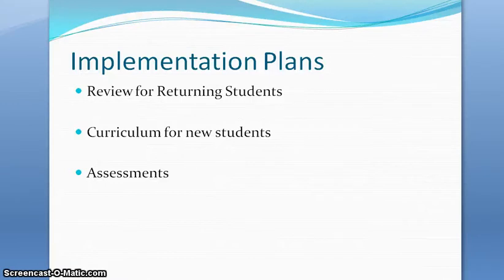So they'll be able to take the assessment tests and we'll be able to just see what they remember, and it'll be used as a review for them.